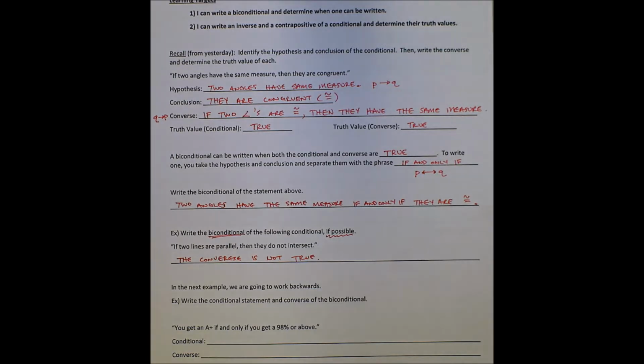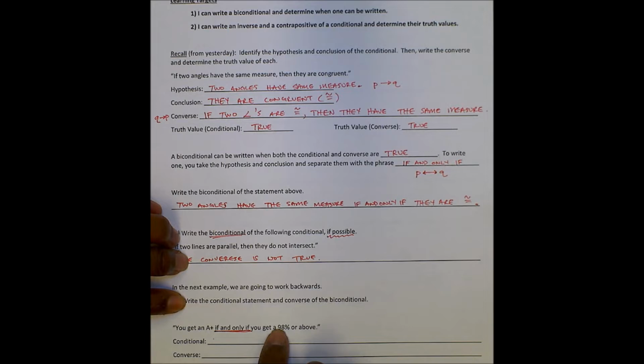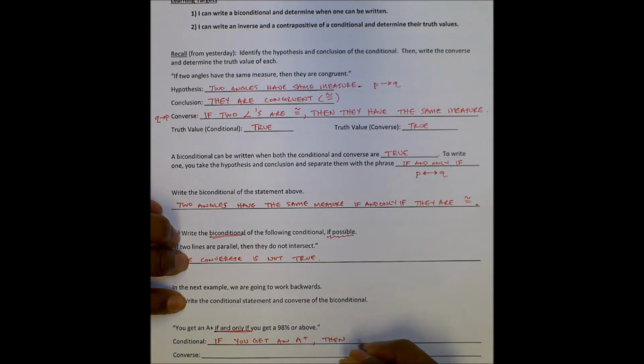But now we just have to separate the hypothesis and conclusion and put it into if-then form. So I'm going to write the conditional statement. I'll leave the converse to you. If and only if is just a part of telling us this is a biconditional, and that separates the hypothesis and the conclusion. So I'm going to say, if you get an A plus, then you get a 98 or above.